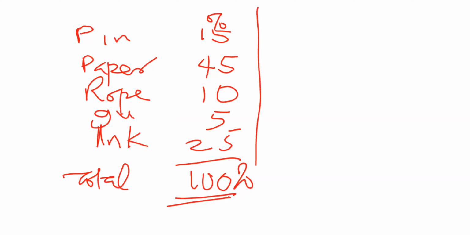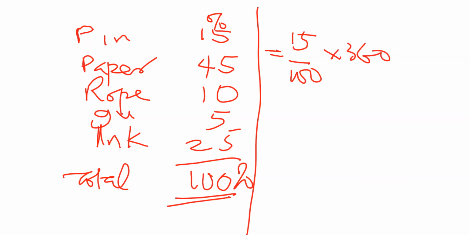So we now start calculating. 15 over 100, which is 15%, times 360. The calculator can do that: 0.15 times 360. This is for pin.